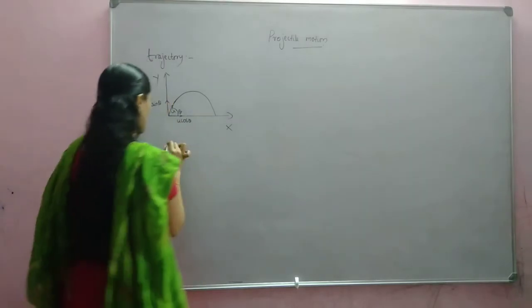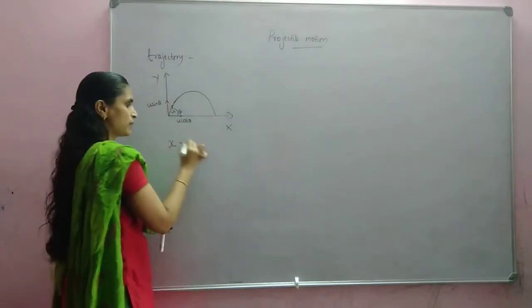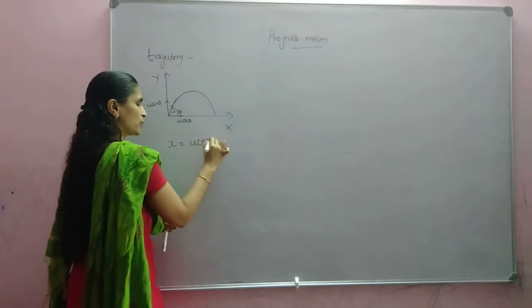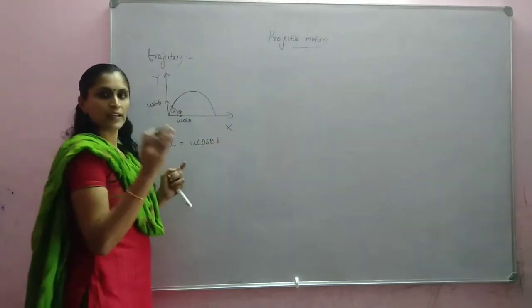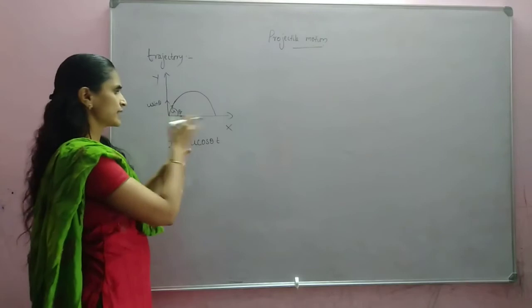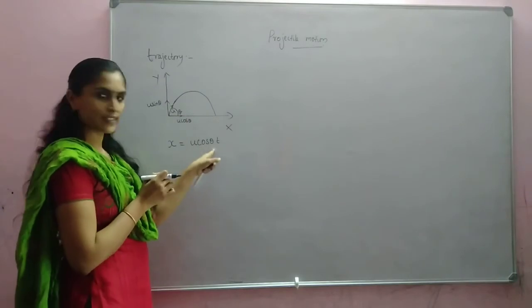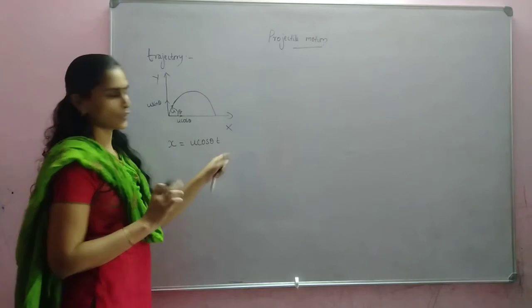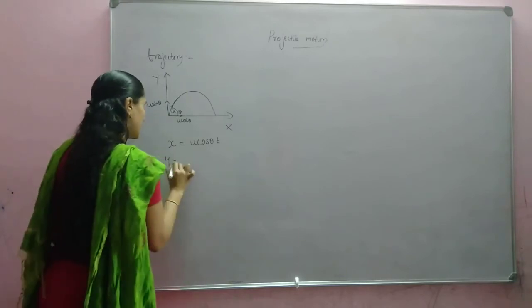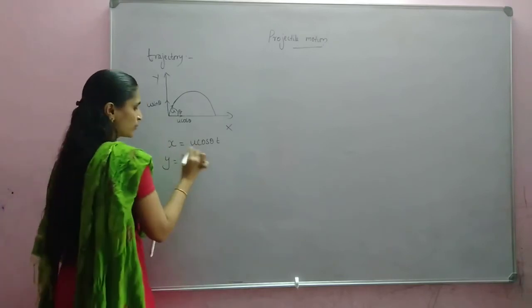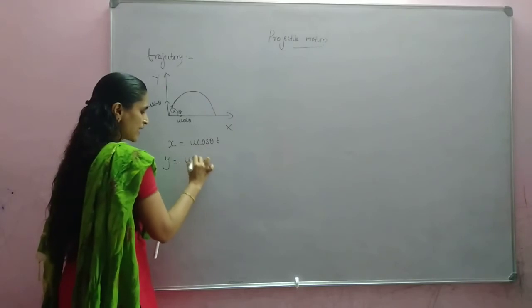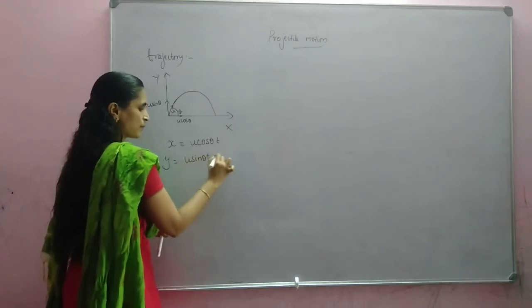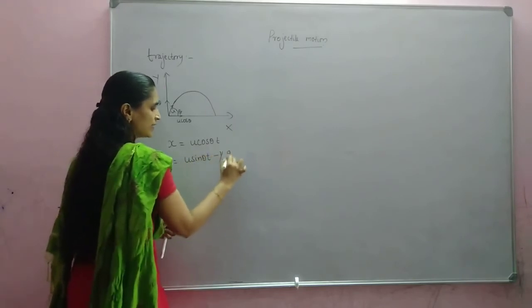Now we can find an expression for the maximum height and so on. First of all, x can be written as u cos theta into t. x is the distance travelled in the x direction, which we can write as x velocity into time. No need of considering acceleration because acceleration is 0. And for the y component, y equals ut plus half a t square, so we write y equals u sin theta into t minus half g t square.